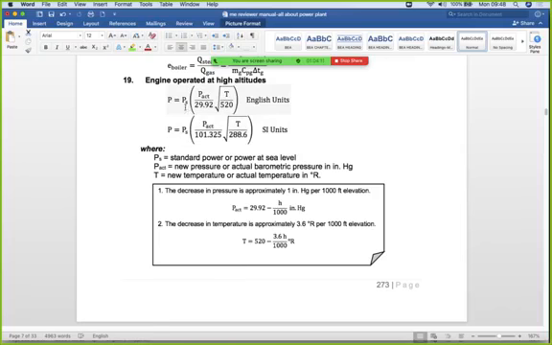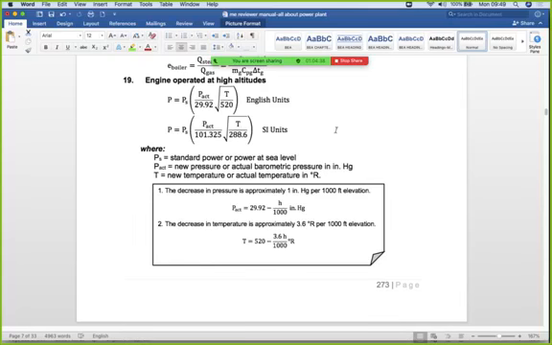We have the PECT, that is the new pressure, the actual barometric pressure in mercury. T is the new temperature, or actual temperature in Rankine. What is Rankine? Centigrade to Rankine, what is added is plus 273.